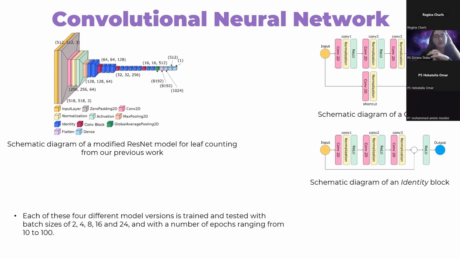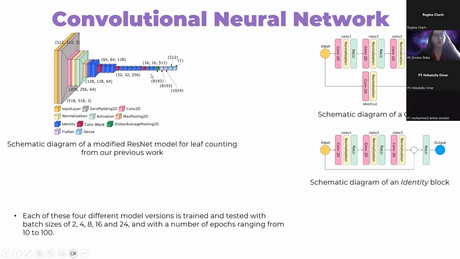It also has something called convolutional blocks and identity blocks, and you can see them on the right side. And also you can see how many normalizations the convolutional and identity blocks have. For example, for the convolutional block, we have 4 normalizations, and for the identity block, we have 3 normalizations. And here you can see identity blocks are in blue and convolutional blocks are in dark red.